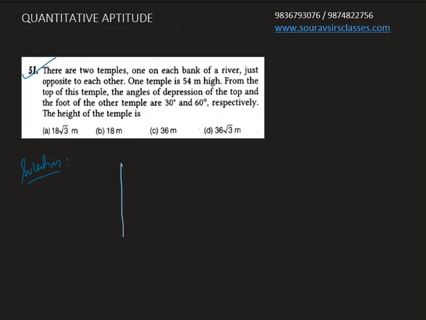So suppose this is a temple with height 54 and the next temple, let the height of this temple be x, and as we can see from the given options, it must be that 54 is greater than x.